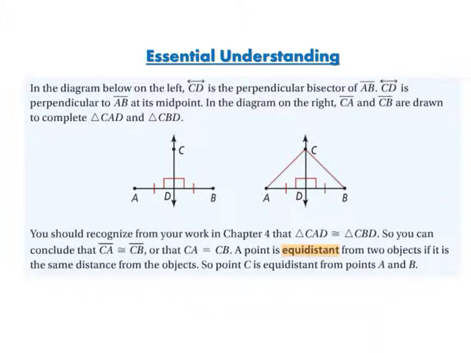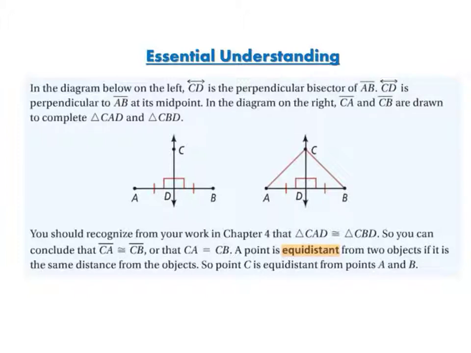Now, if you notice, and what you learned in Chapter 4, you should realize that triangle CAD is congruent to triangle CBD. And because the triangles are congruent, we can conclude that line segment CA is congruent to line segment CB, or that we could say CA is equal to CB.